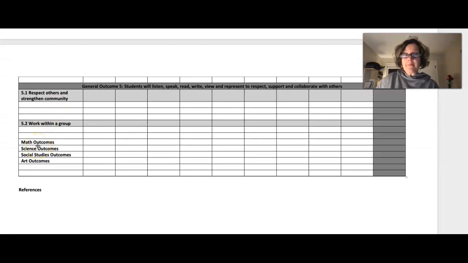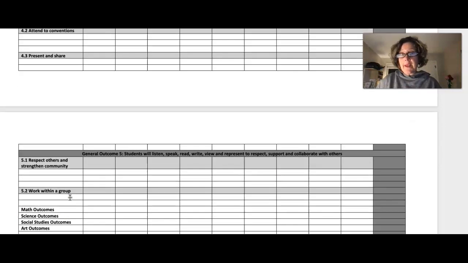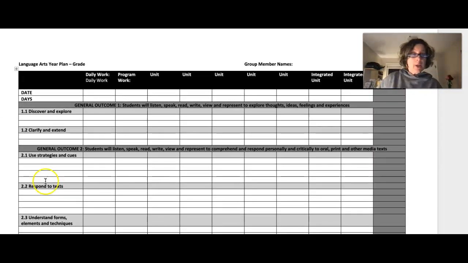I also just put in here, don't forget, for those integrated subjects, math, science, social, if you don't use those, just delete them. And then the references. Now, I could give you this document with all of the objectives filled in, and I actually considered that, but I think in actually looking at the document and putting them in this document, it gives you that chance to really see what's in there and to really start to get your teeth around it, because this is what you're going to be living and breathing as a teacher, these programs of study.